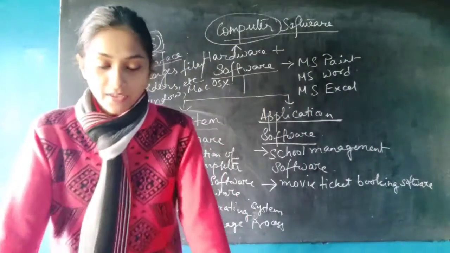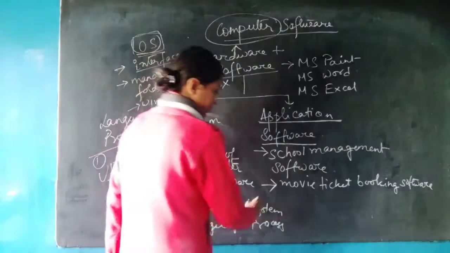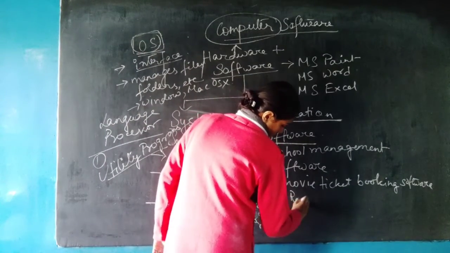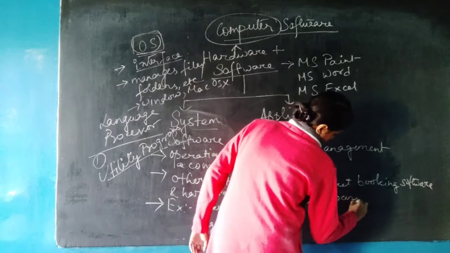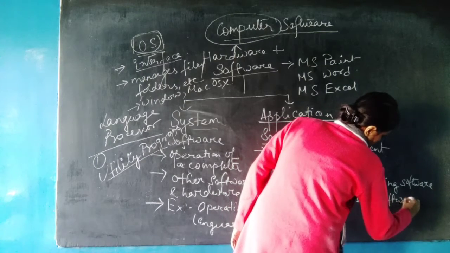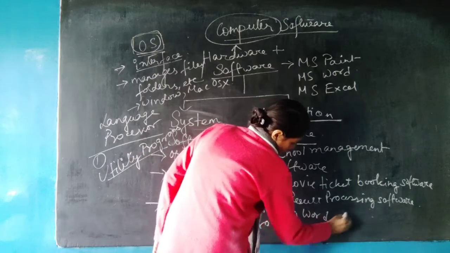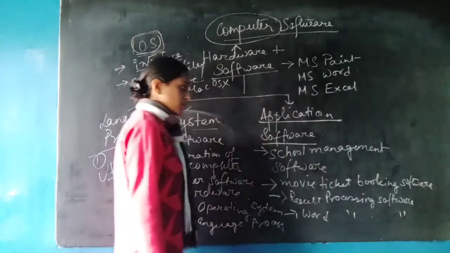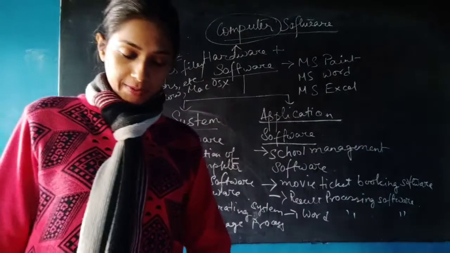Number 3, result processing software, and word processing software. So these are certain examples of application software.